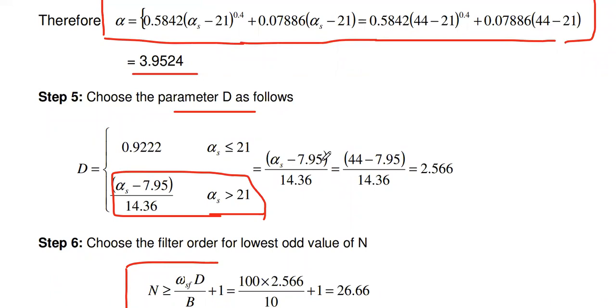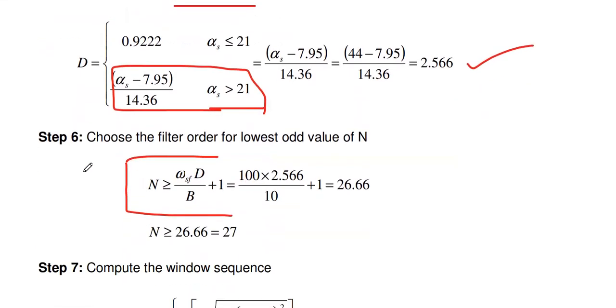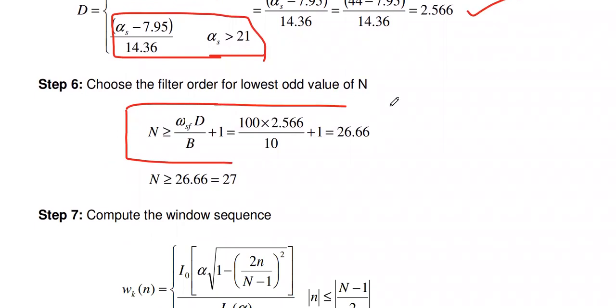So d equals (alpha s minus 7.95) divided by 14.36. You just substitute the alpha s value, which in our problem is given as 44, and find the answer 2.566. Once you calculated d, the next step is to find the order of the filter, capital N. The order formula was in previous problems.